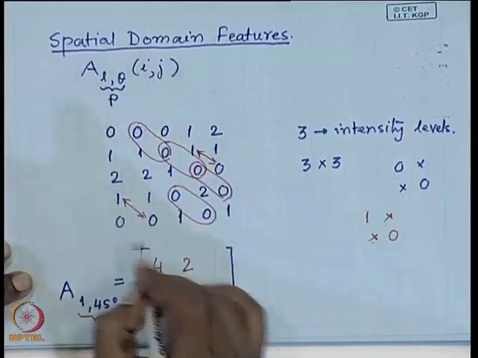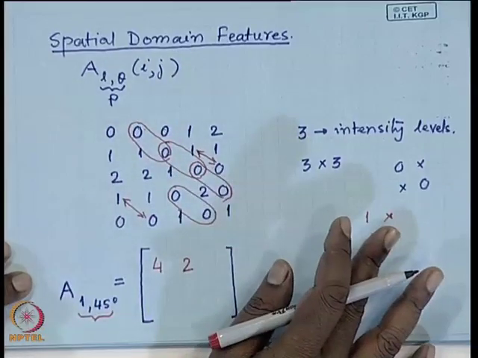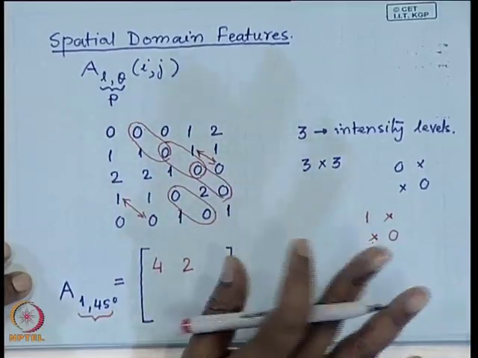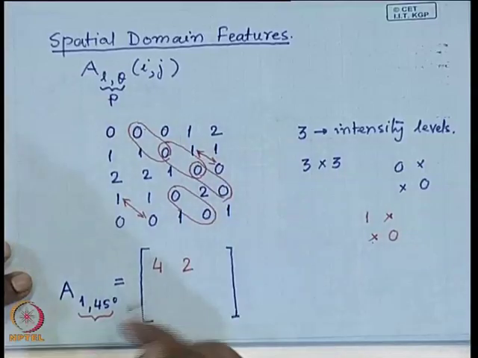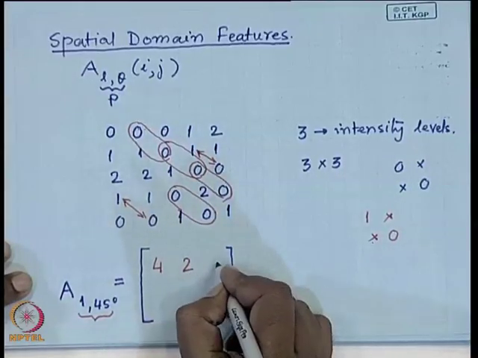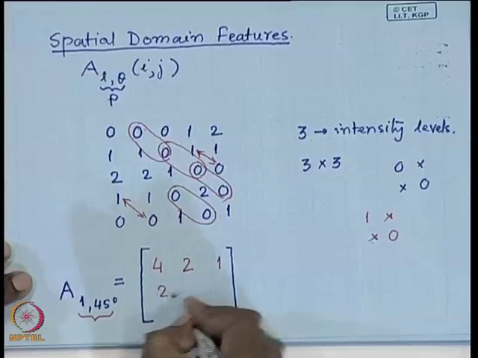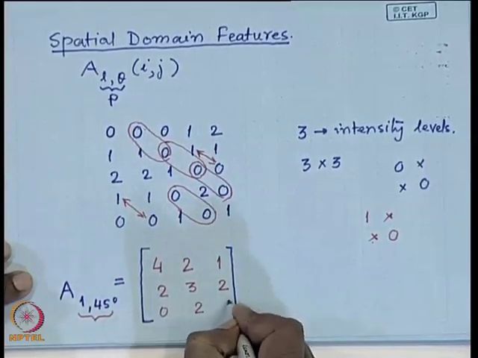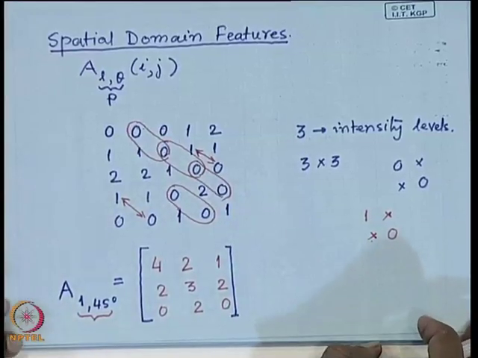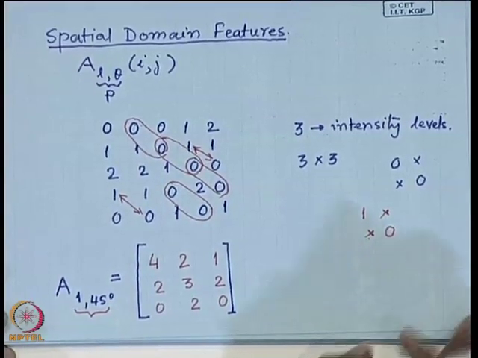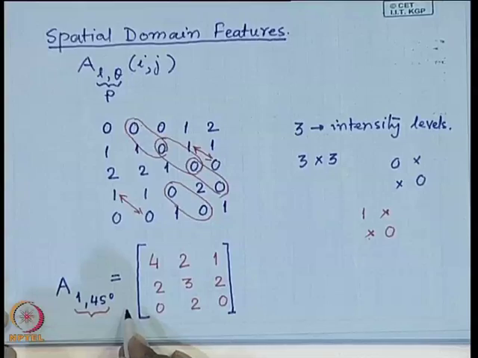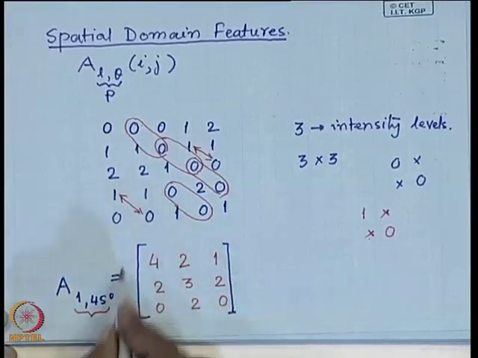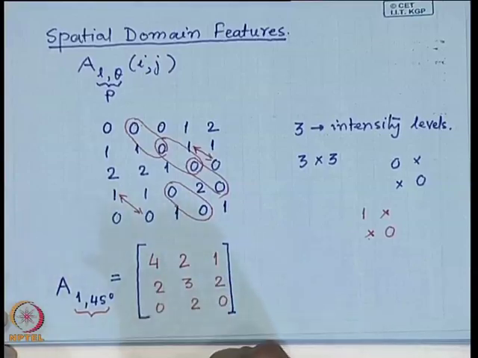If you compute like this for all the pairs where the intensity values are 0, 1 and 2, then you get this matrix as 4, 2, 1, 2, 3, 2, 0, 2, 0. So this is matrix A L theta i j, the kind of occurrences of the intensity pairs that I will have.